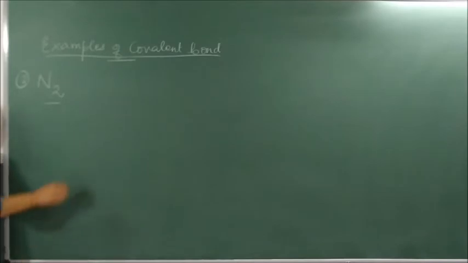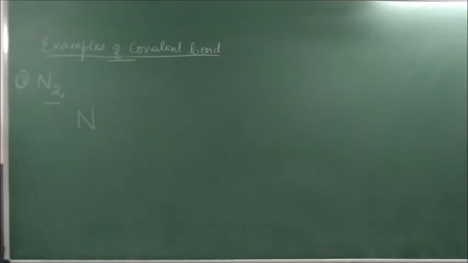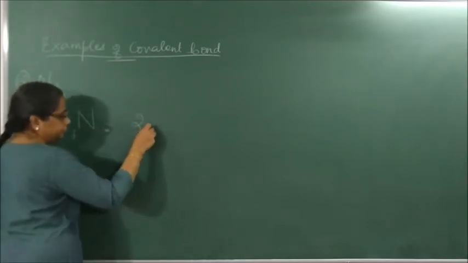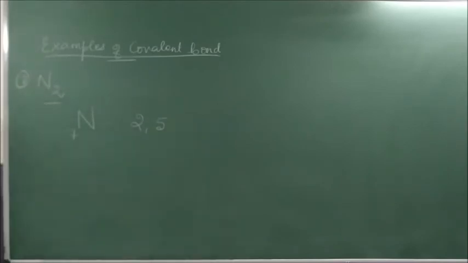Okay. Now N. What is its configuration? You have not studied ionic bond. Nitrogen configuration, what is it? 2, 5. So it is 7. How many electrons are needed to become 8? 3. So what we will do out of 5? 3 to one side.